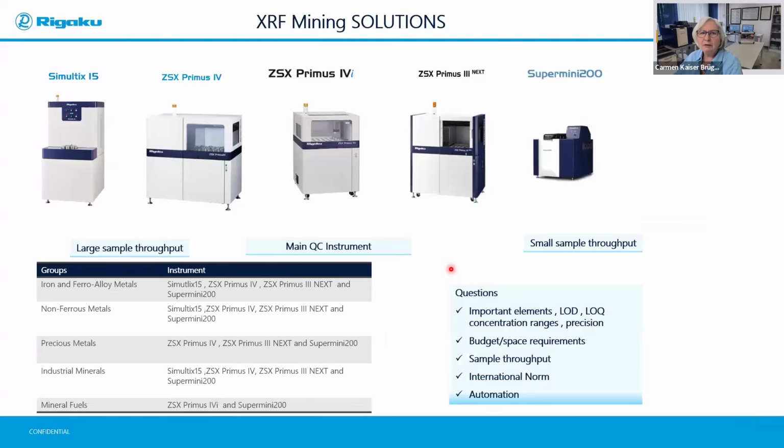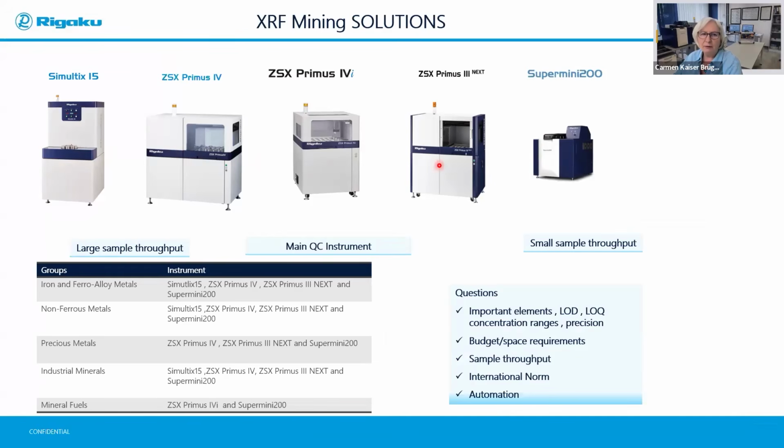So these are examples of our products. So we have Simultix, which is a simultaneous instrument designed for very high throughput with fixed channels. And then we have sequential type WDXRF instruments, which are known as the Primus series.